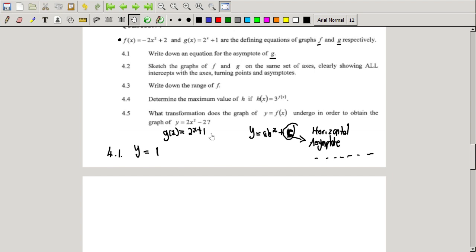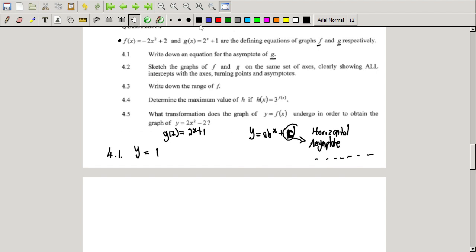Sketch the graphs of f and g on the same set of axes, clearly showing the intercepts with the axis, turning points, and asymptotes.